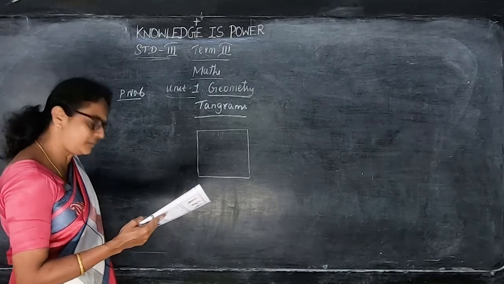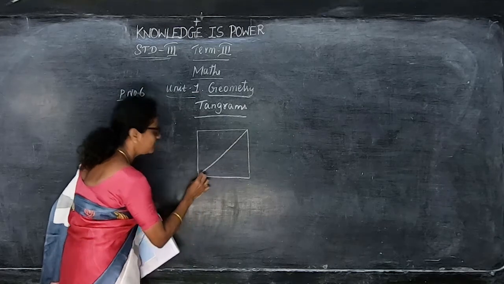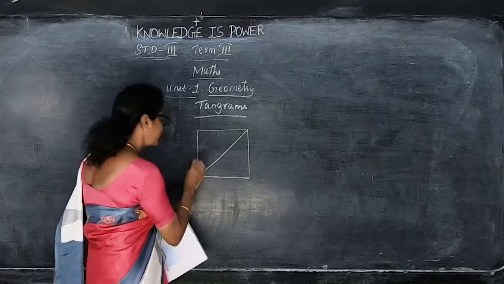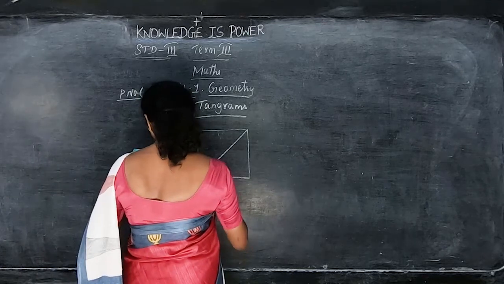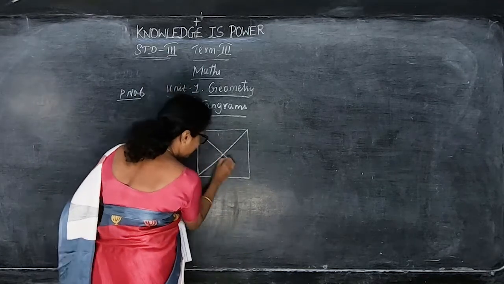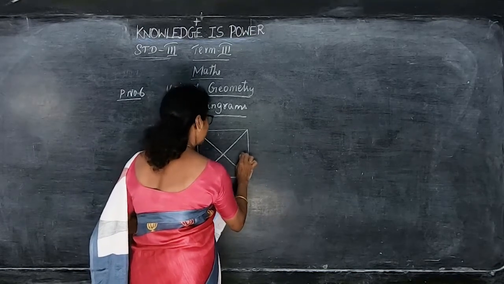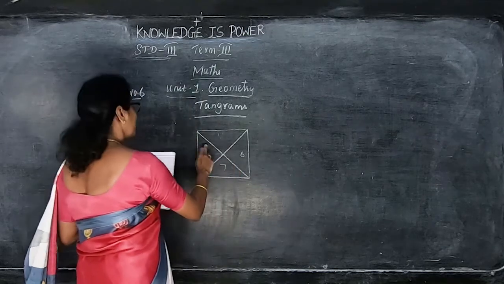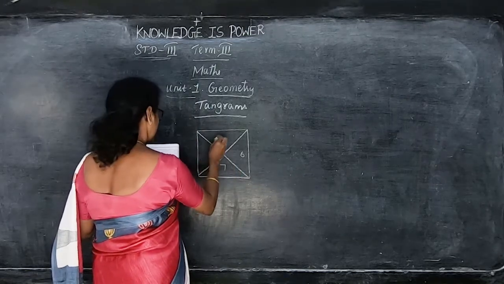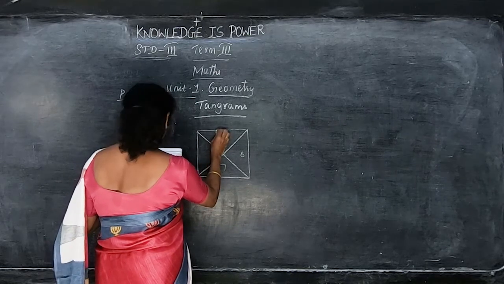So it is divided into 7 pieces. So I will draw this. First I will draw how they have divided these 7 pieces. So like this they are divided. And here, this will be the 6th piece and this will be the 7th piece. And here, we have drawn this, and if we fold it, it will come like this.